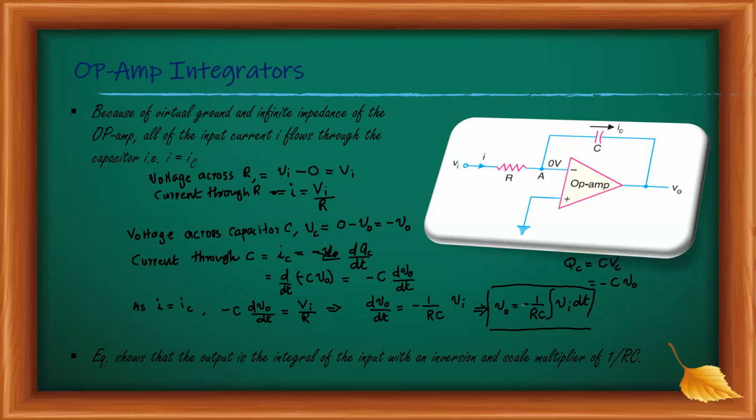The negative sign shows there is an inversion and there is a scale multiplier 1 by RC. We can only say that the output is proportional to integral of input. Is it clear? So this circuit is working as an integrator.